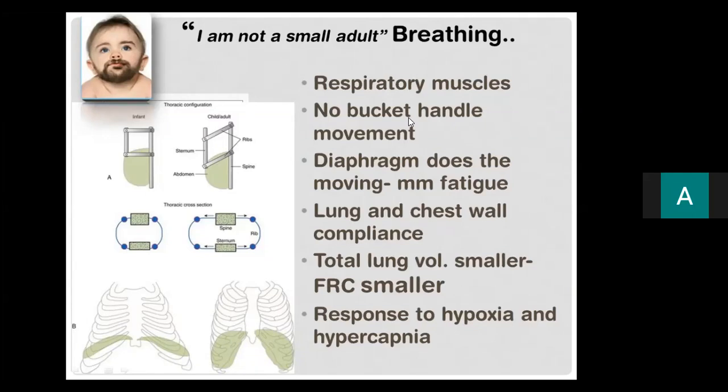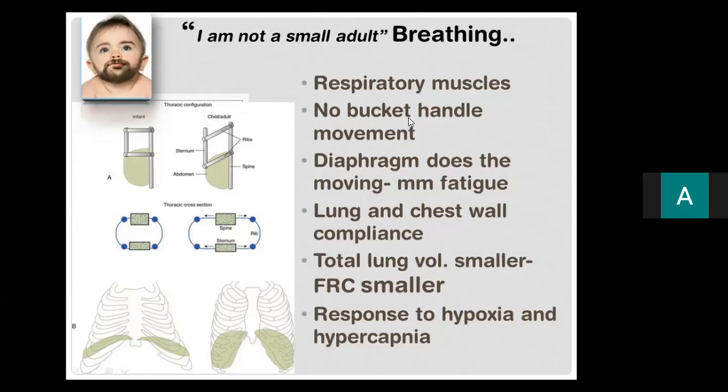Then in the infants, they have very compliant chest walls and very compliant lungs. Compliance is just about how much volume change you're going to have for a particular pressure change that you give.